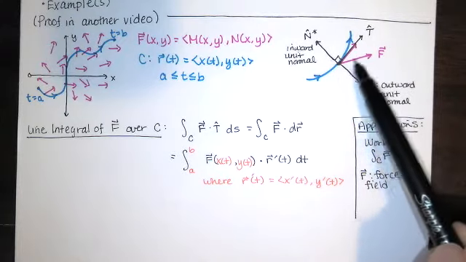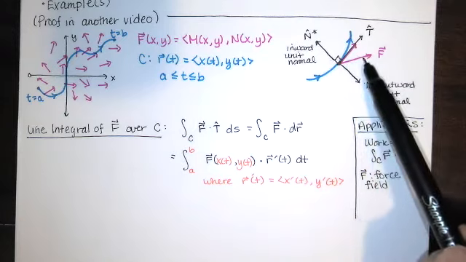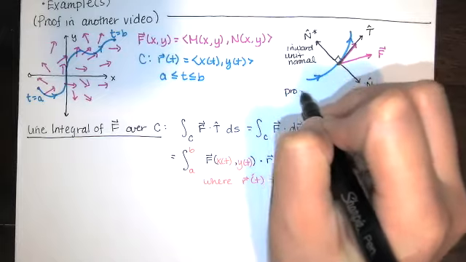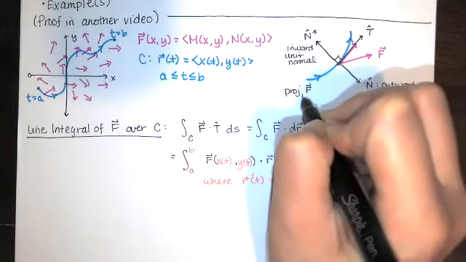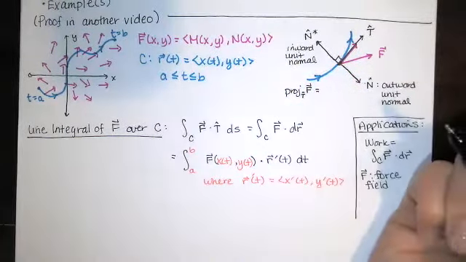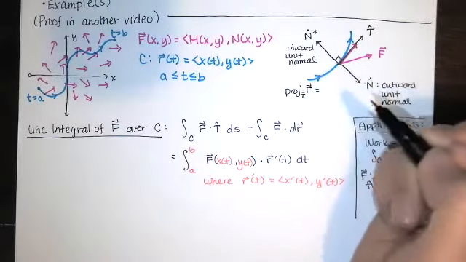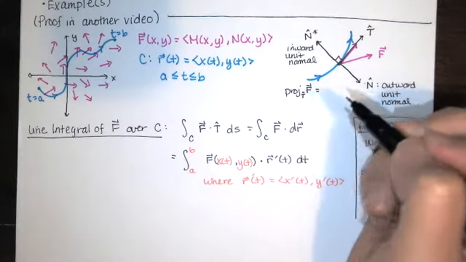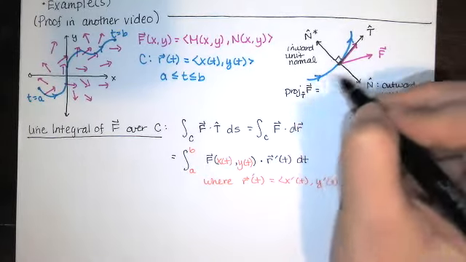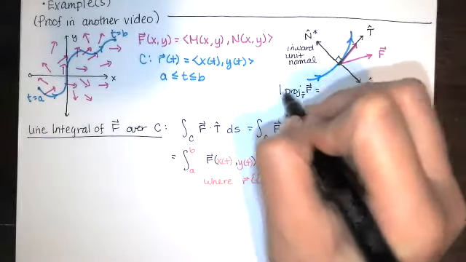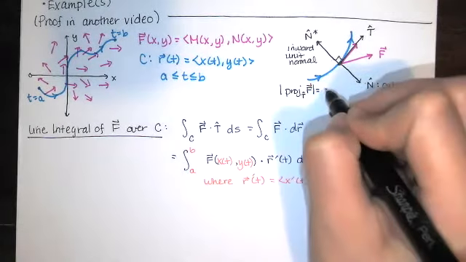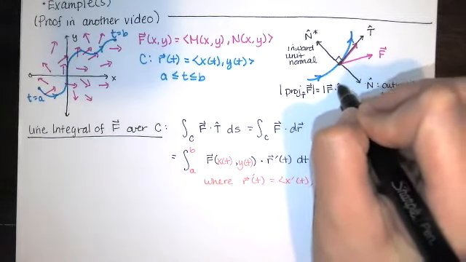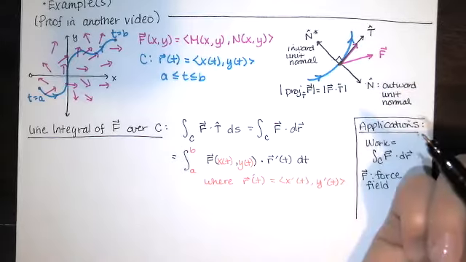Well, the part of the force that's acting in the direction that I'm going is the projection of F onto T hat. And the magnitude of the projection of F onto T hat is the absolute value of the dot product of F with T hat divided by the length of T hat.